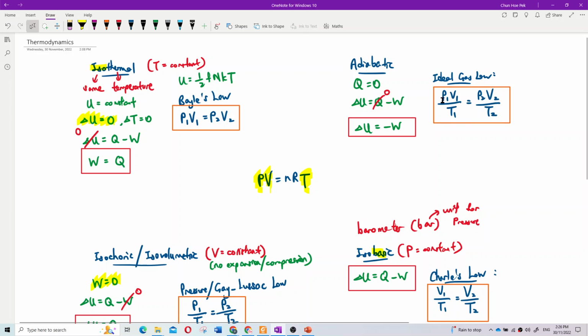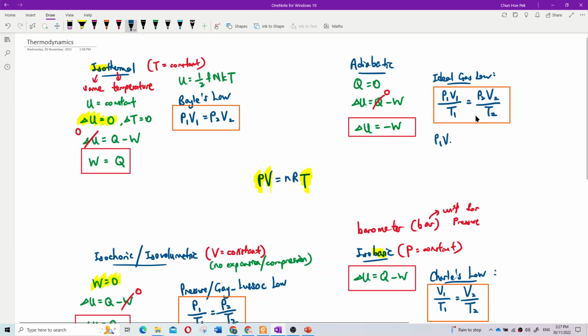All change, none is constant. The others at least have temperature constant, volume constant, pressure constant, even in the name itself: iso-temperature, iso-volume, iso-pressure. Adiabatic has no iso, so pressure, volume, temperature all change. Actually, there's another formula, but it's not in the syllabus.